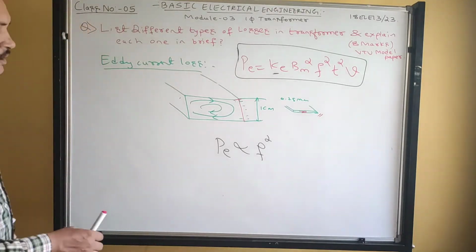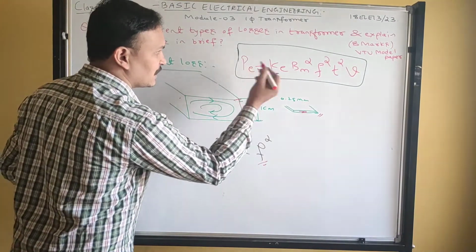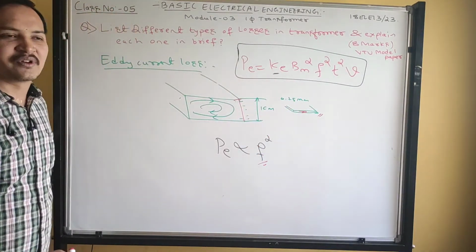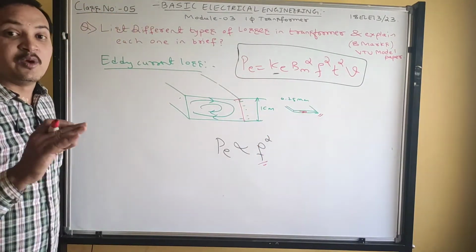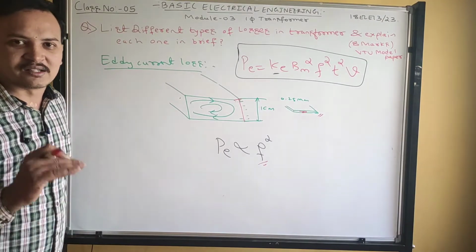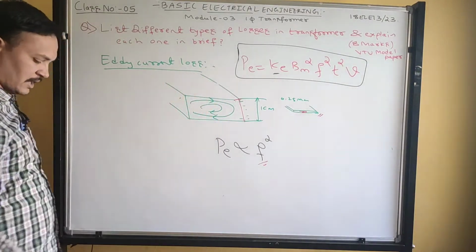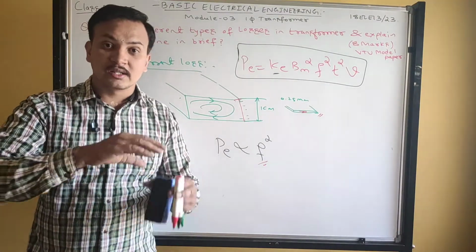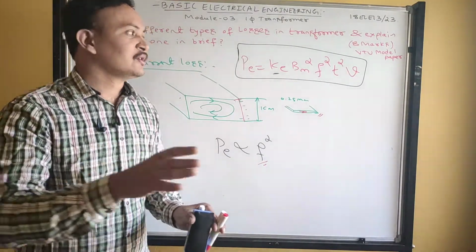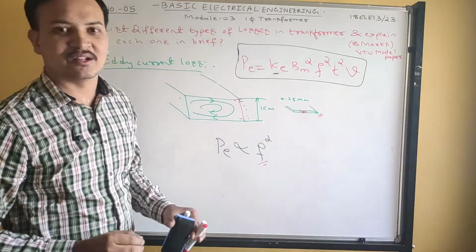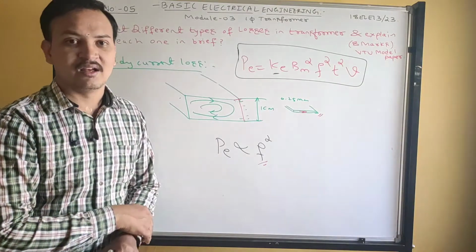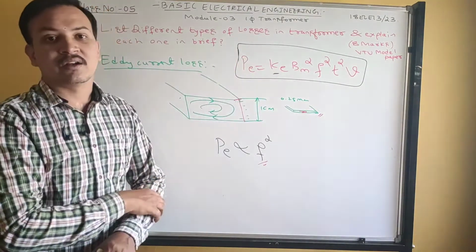So see here, eddy current loss also does not depend on current. Therefore this loss is independent of loading conditions. Hence we can call this loss a constant loss. Once the transformer core is designed, you cannot reduce the thickness of the lamination, you cannot reduce the flux density of the core material, and you cannot change the eddy current constant.